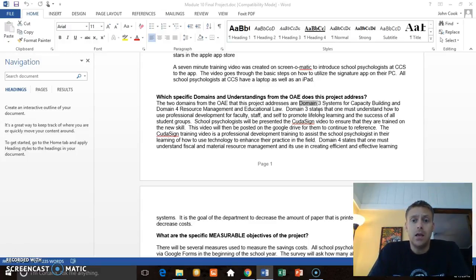KudaSign will assist school psychologists by letting them, instead of printing out the paper and having it signed, use an iPad or a laptop, a PC or an Apple computer, and once you sign up through KudaSign, for $1 a month, have individuals sign off on documents.